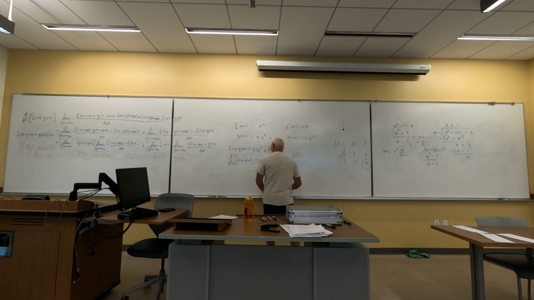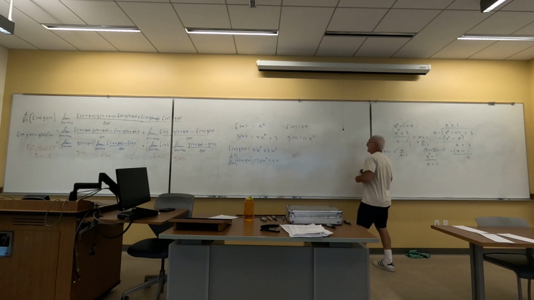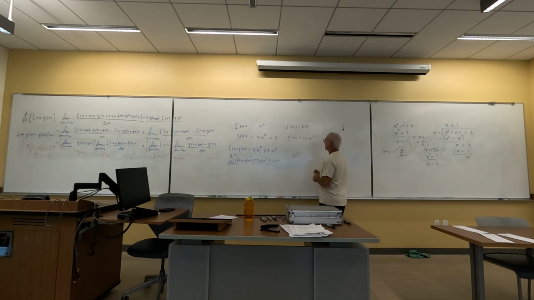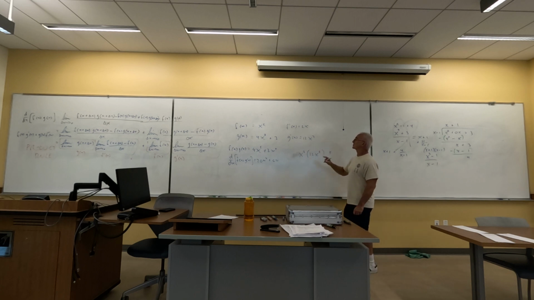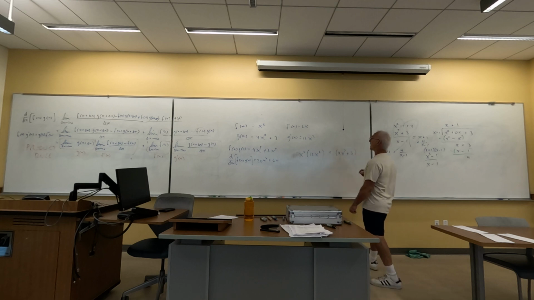Now I want to apply the product rule. It's not the most efficient way of doing it, but it is what it is. So according to the product rule, the answer to my question should be f times g prime plus g times f prime.